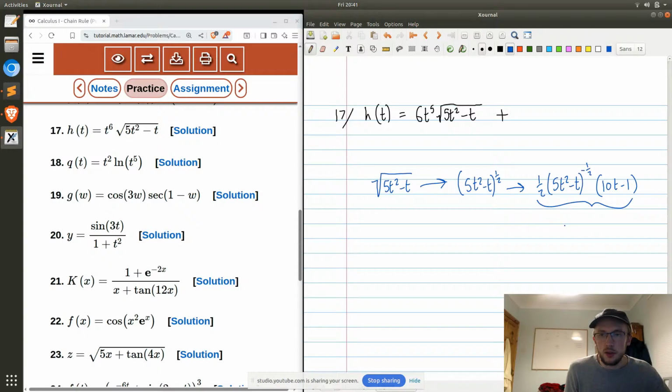Doesn't look too pleasant, but you know, it's okay. So 10t minus 1 on the top, 2 and a square root down there on the bottom, and 5t squared minus t just there like that.